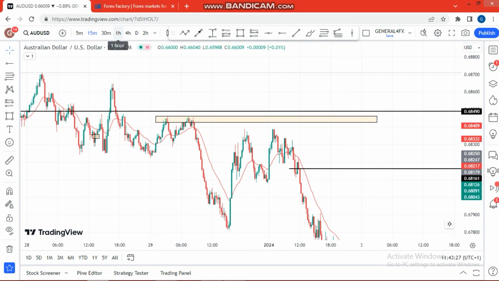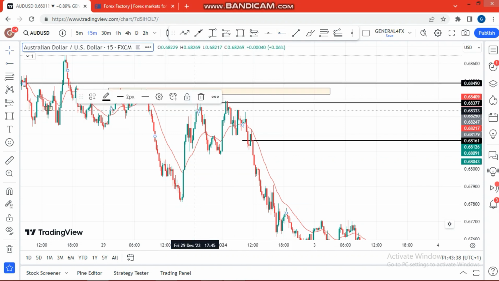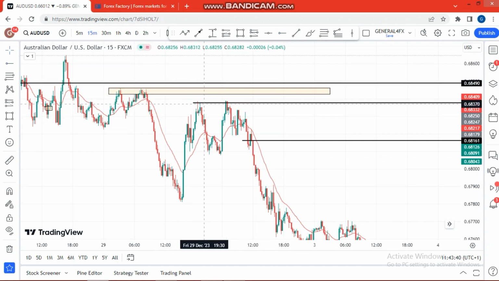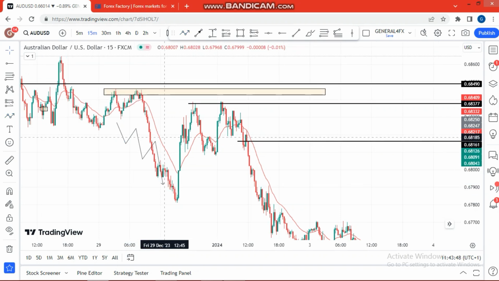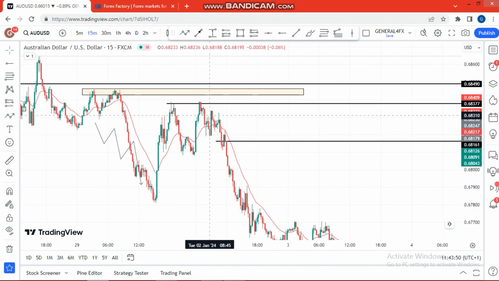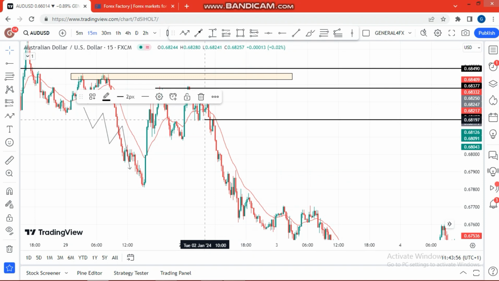Just like the explanation on the 1 hour time frame, price didn't break above this market structure area, and price came down again, giving us confirmation of these higher highs and higher lows right there. So this was actually my point of entry on the 15 minute time frame.